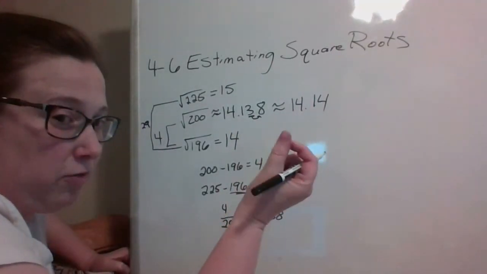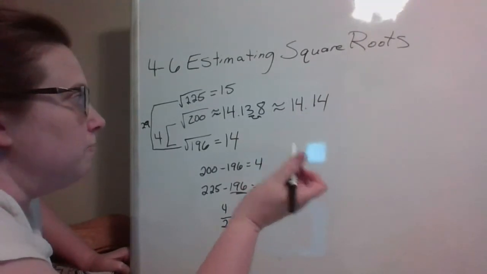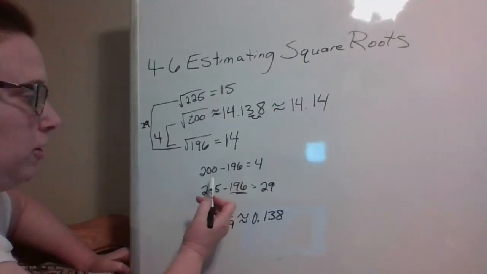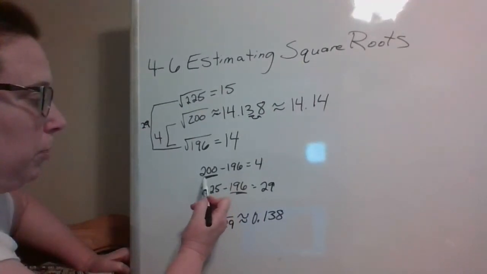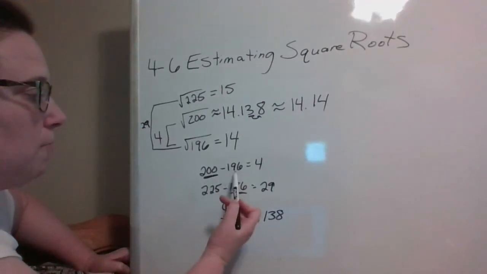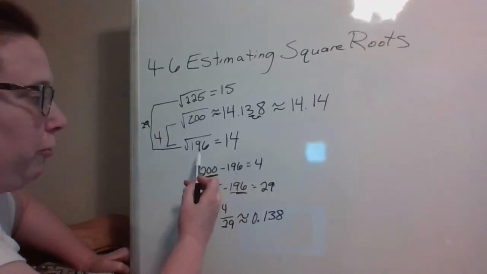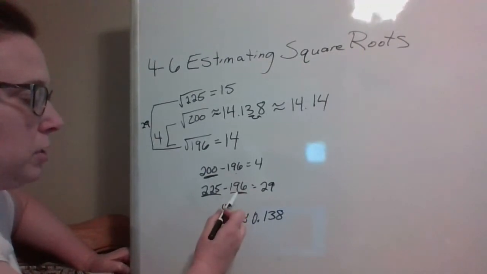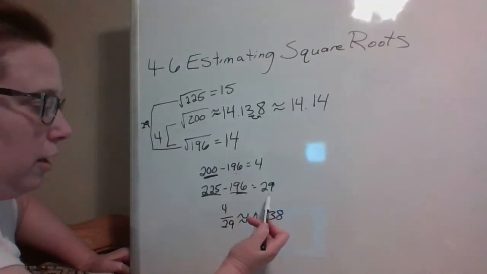which is really a very specific number. And we were able to do that through this formula where we took the square root we were trying to estimate minus the lower perfect square, got that. Took the larger perfect square minus the smaller perfect square, got that.